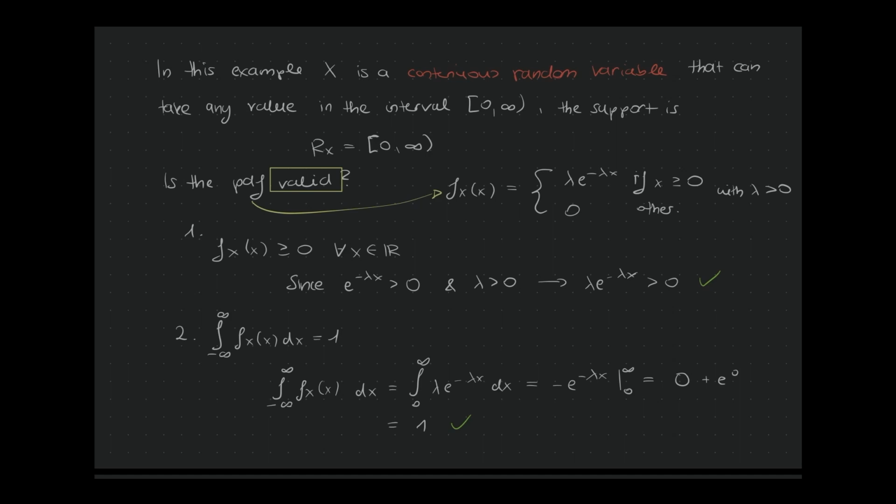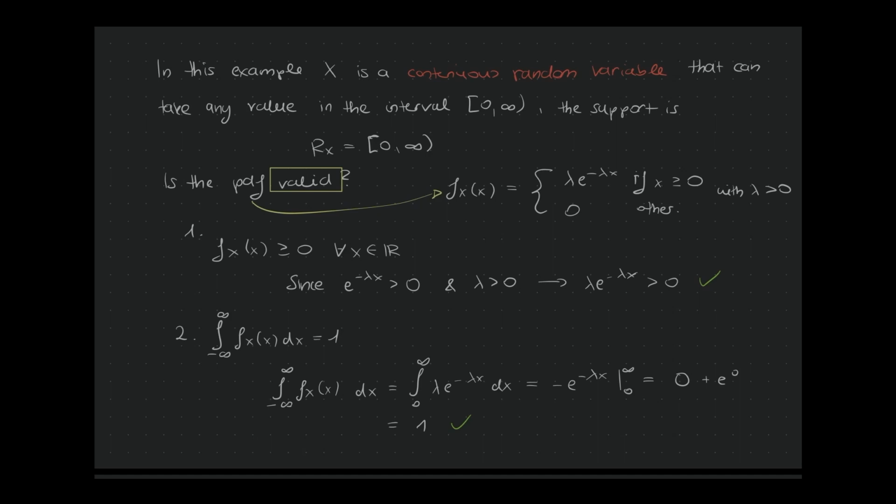So that's correct. The second one is also fulfilled, since when we integrate our function from -infinity to infinity, we can again split the integral into two parts. One term is again 0, and the other one is evaluating our PDF from 0 to infinity. This evaluates to -e to the power of minus lambda times x, evaluated at infinity and 0.